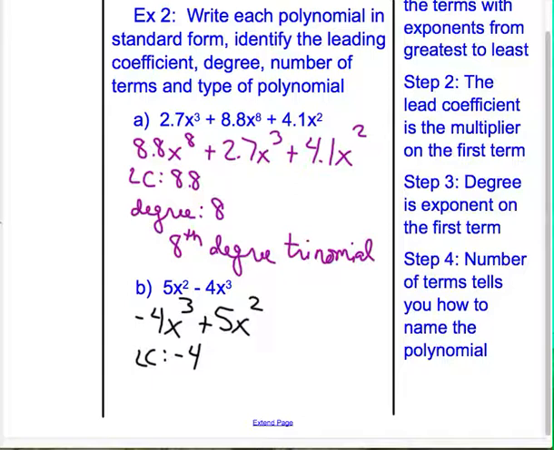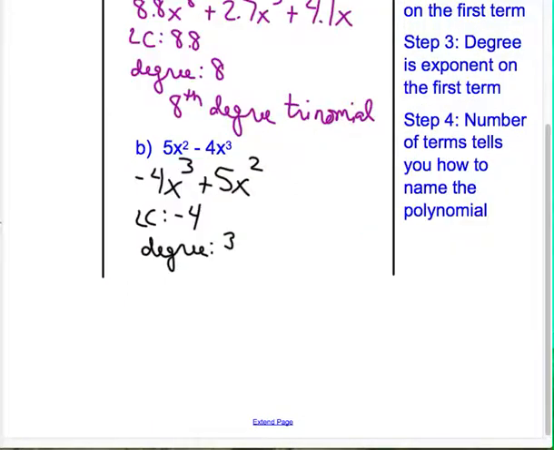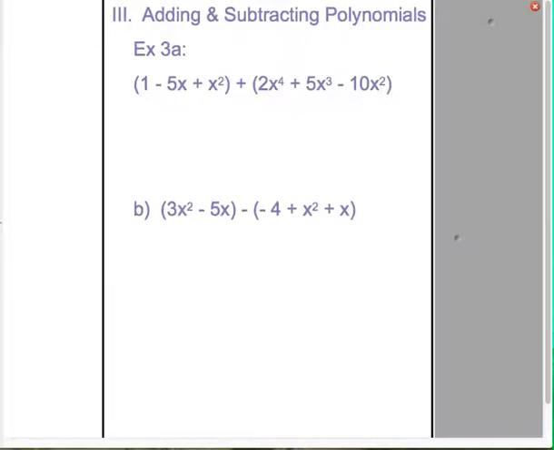The degree is the power on our first term, which is 3. Number of terms, we have 2 terms, which makes it a binomial. So to name it, we use the power, which is 3, so that makes it a cubic function. And there were 2 terms, so it's a binomial. So a cubic binomial.